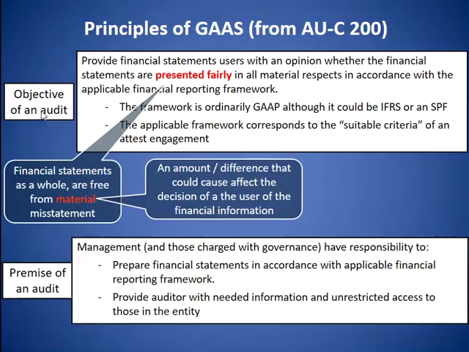So the objective of an audit is to provide financial statement users, in other words, third parties, with an opinion whether the financial statements are presented fairly, and we'll come back to that in a second, in all material respects in accordance with the applicable financial reporting framework.